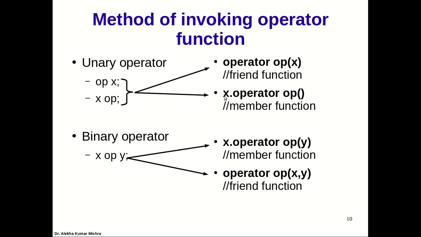You have to be a little careful when using the member function: the particular object is passed as an implicit object, and it has to be the left hand operand. When defining a member function, x should be of the same class type. If x is of a different class type, we cannot define a member function; we have to opt for a friend operator function.